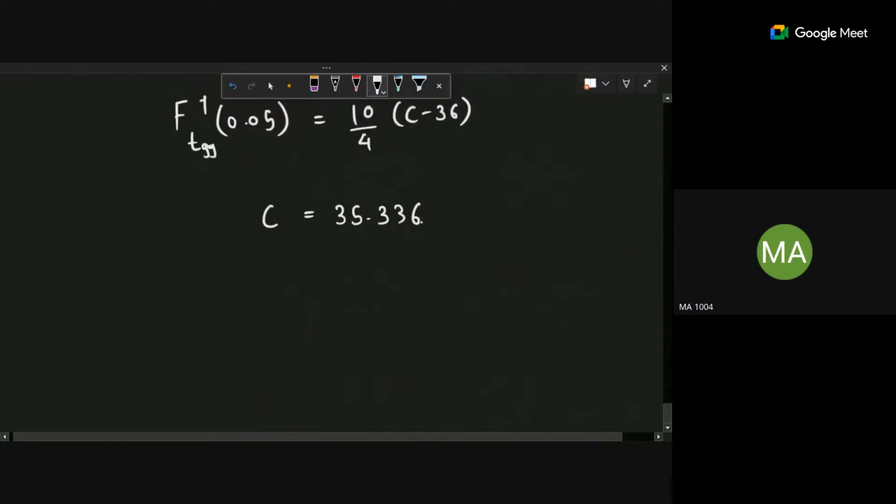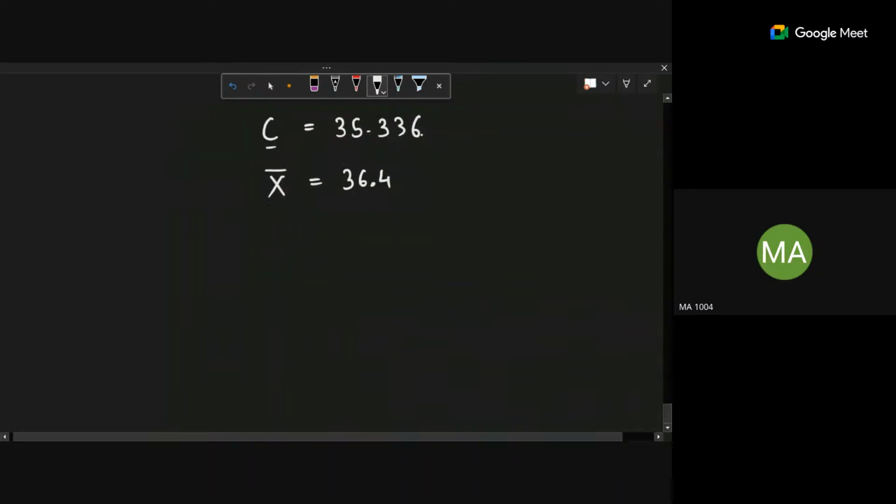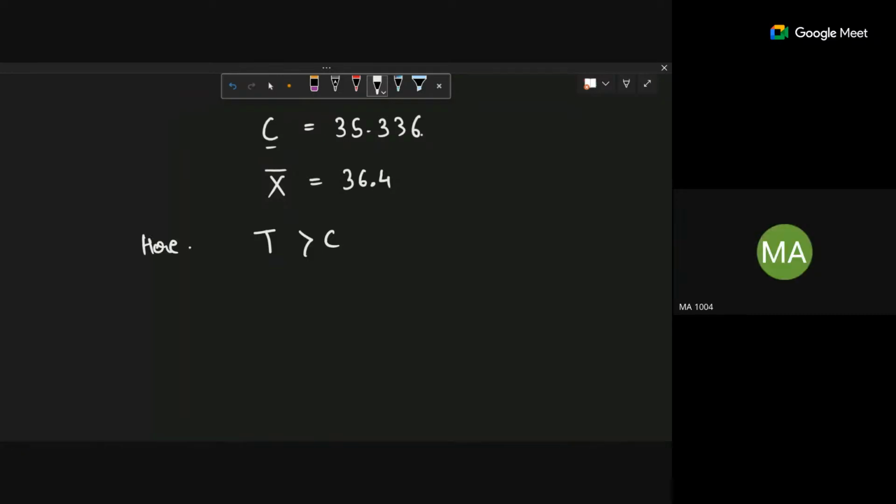So now if the sample mean is 36.4 and the value of c is 35.34, that means t is actually greater than c, right? So what will you conclude? We will not reject the null, we accept it. Accepting the null means we are saying that the mean is 36. The mileage will be 36, right?